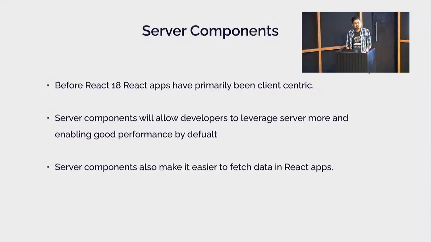What the React team realized is that before React 18, React has been primarily client centric. It has been like that since forever. So what server components allow is developers to leverage the server more, and they enable good performance by default.